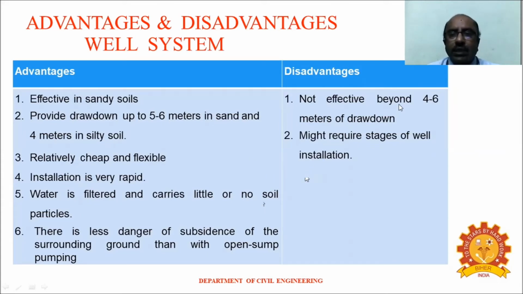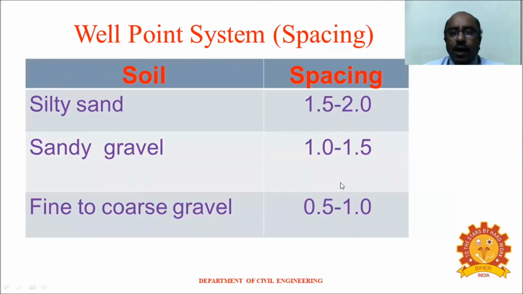But the disadvantage here is that the effective drawdown is only 4 to 6 meters. If you want to go beyond this, it is not possible. That is the limitation. And when you want to go to a deeper depth, you have to go for multi-stage well systems.